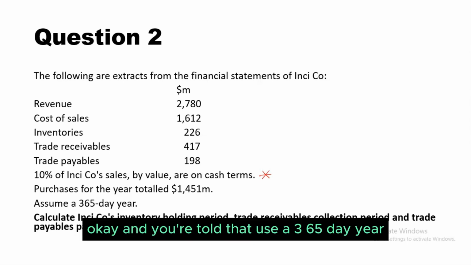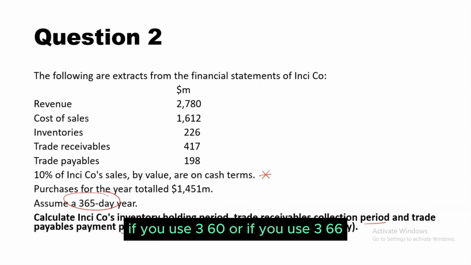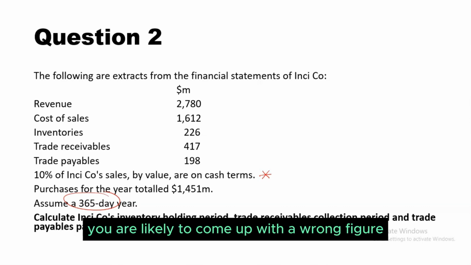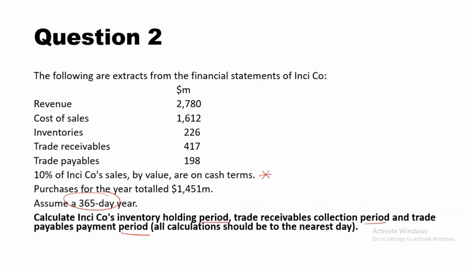Okay, and you're told to use a 365-day year, which means when you use any other figure other than 365, for example, if you use 360 or if you use 366, you are likely to come up with the wrong figure. Okay, so use what the examiner has instructed you to use.